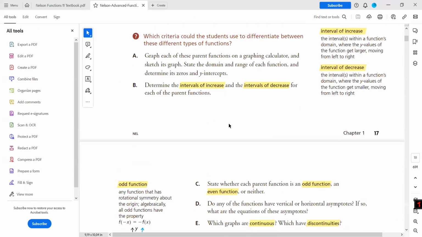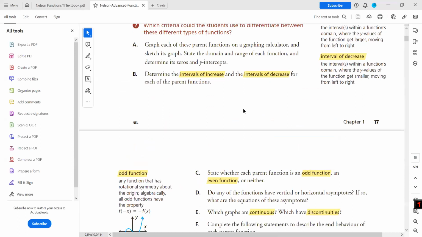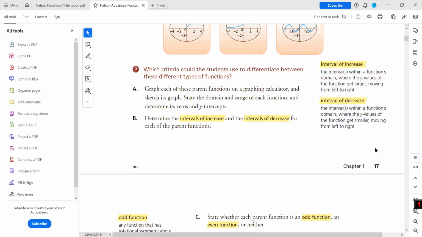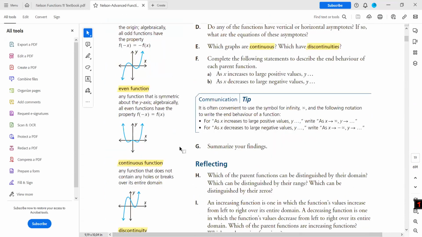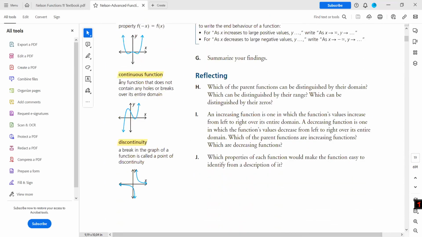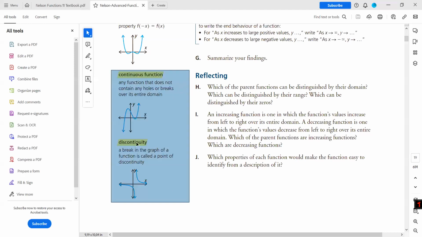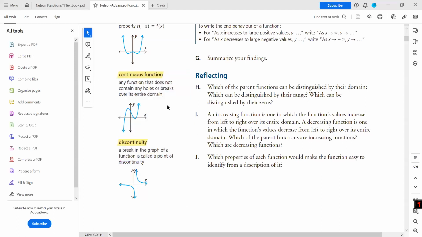So we described two important criteria, such as intervals of increase and decrease, and whether the function is odd or even. And now we have to talk about continuous functions and discontinuity. There is such a thing as discontinuity in the function.